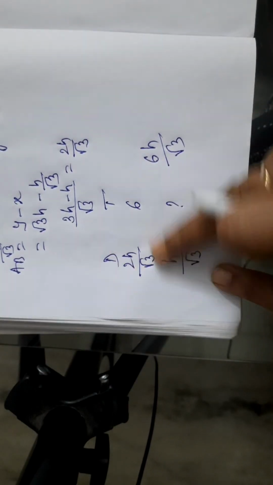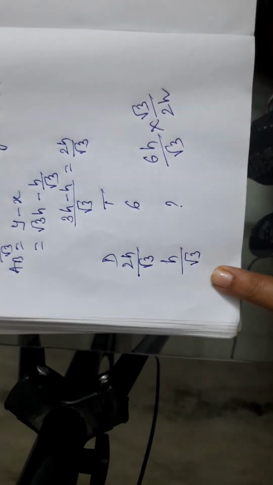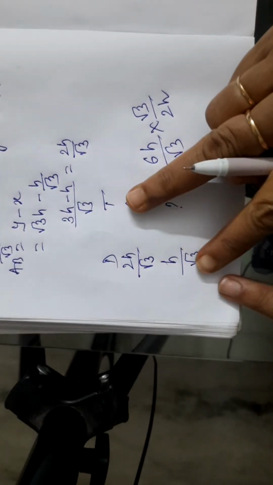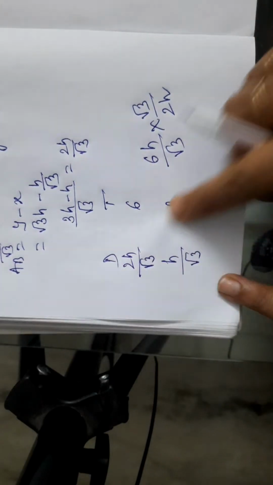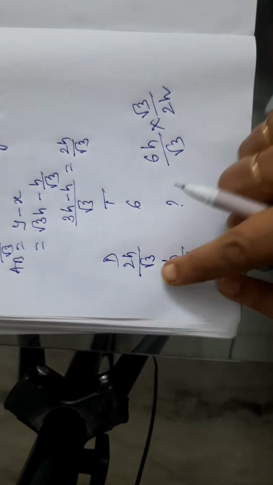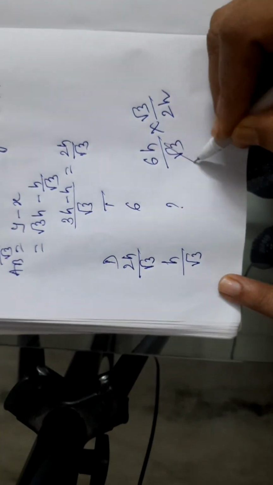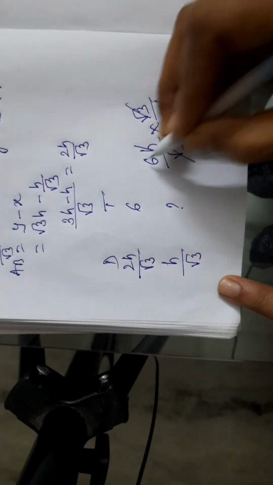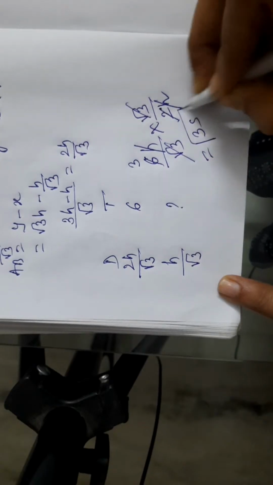So we take the reciprocal and multiply by root 3 upon 2h. Is this step clear? Both we are dividing, so these two I multiplied: 6h upon root 3, and this will be in division where the question mark is. So we need to take the reciprocal, so root 3 by 2h. Root 3 got cancelled, h got cancelled. 2 threes are 6, so the answer is 3 seconds.